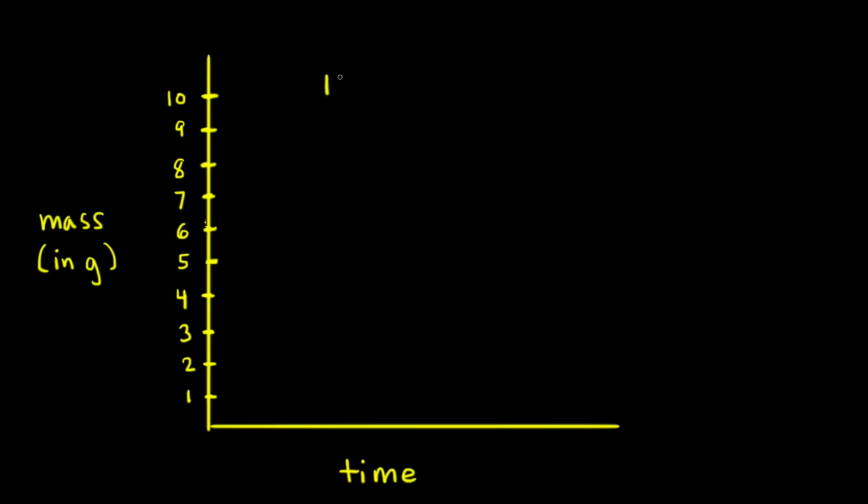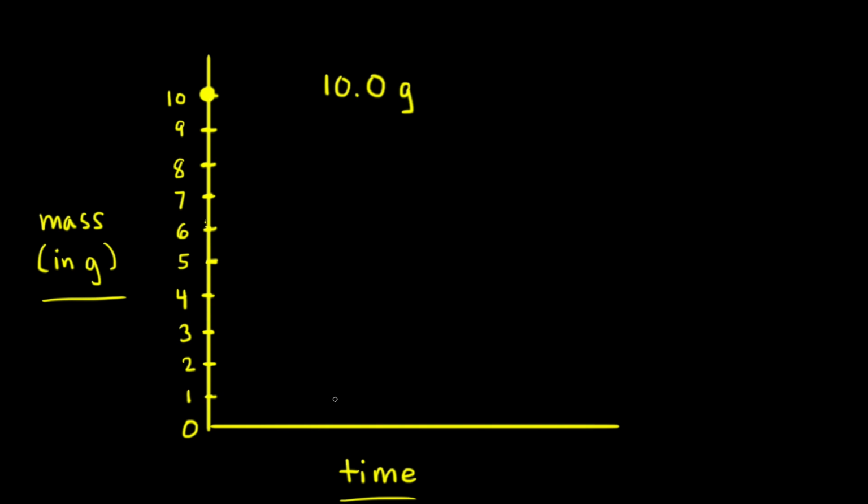Let's say we start with 10 grams of our strontium-90 radioactive isotope. On the y-axis, we're going to put the mass of our strontium isotope in grams, and on the x-axis, we're going to have time. When time is equal to 0, we have 10 grams of our isotope.